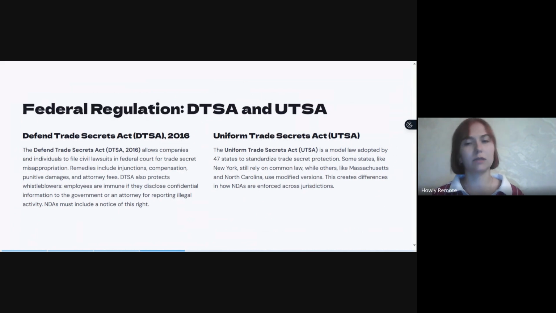Courts in the states often treat NDA breaches as misappropriation of trade secrets. For example, in Silicon Image Incorporation versus Analogics Semiconductor case, a California court treated a breach of an NDA as trade secret theft under UTSA.